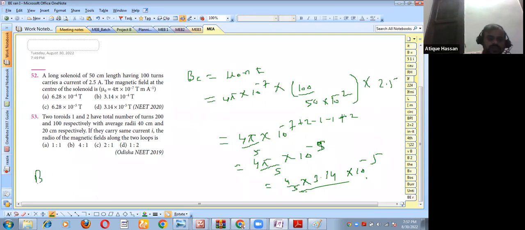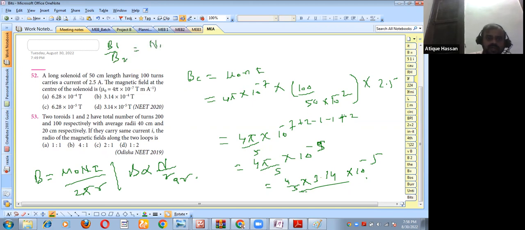So here, we know that B is equal to mu naught N I upon 2 pi r. So basically in a toroid, B is inversely proportional to R average, and also proportional to the number of turns. So we'll get B1 by B2 as N1 by N2 into R2 by R1.